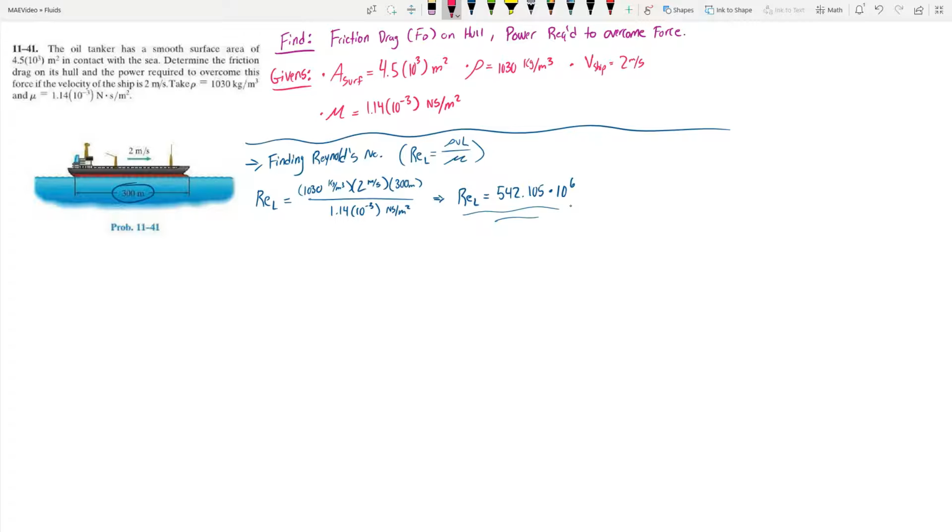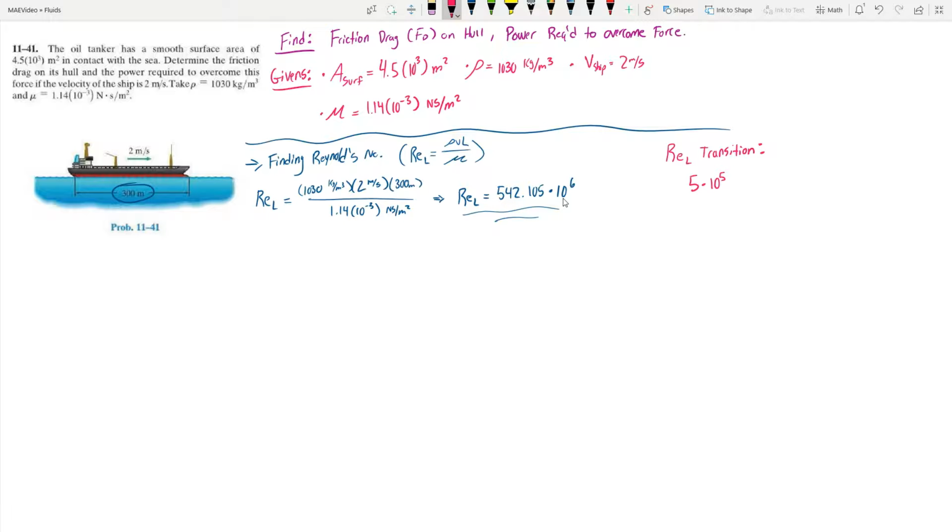Okay, so our next step now is to determine whether this is laminar or turbulent flow. So if you recall from our last video again, our transition Reynolds number, meaning the value where it goes from laminar to turbulent, if this is an external flow, which it is, we say that the transition is 5 times 10 to the 5th.